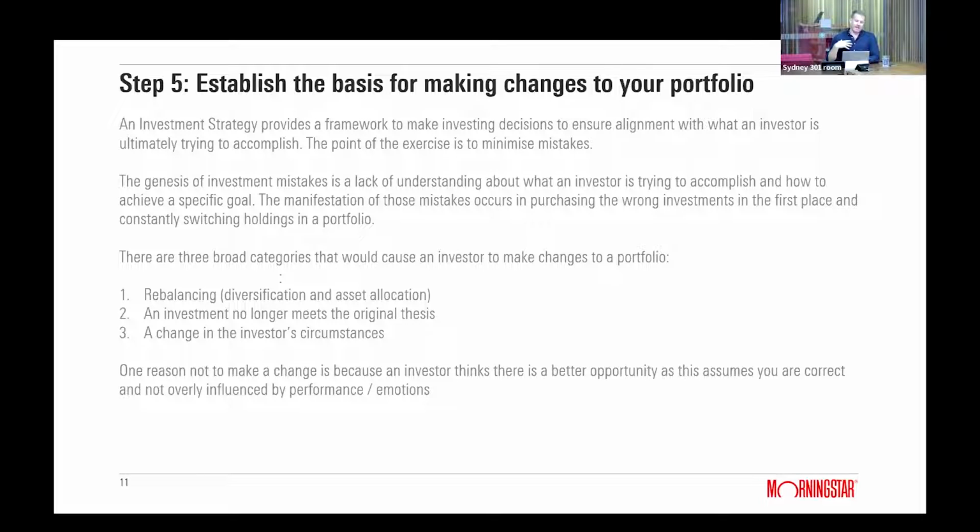The next one is that the investment no longer meets the original thesis. Remember, we defined security selection criteria here. What do I want? I want companies that grow dividends, have stable dividends, and earn me income. I want to do that by finding companies with moats, low business risk and low payout rates. So I have all this criteria that I use to select those companies. What's really helpful is if you actually jot this down.